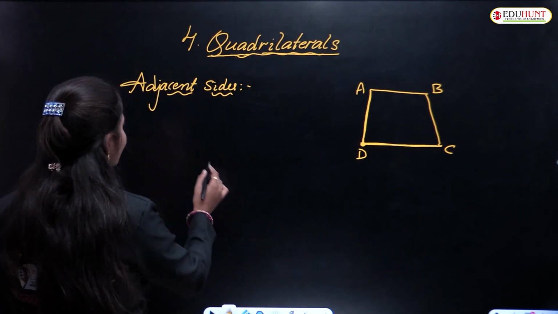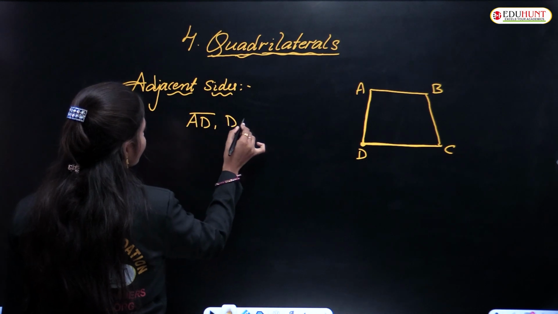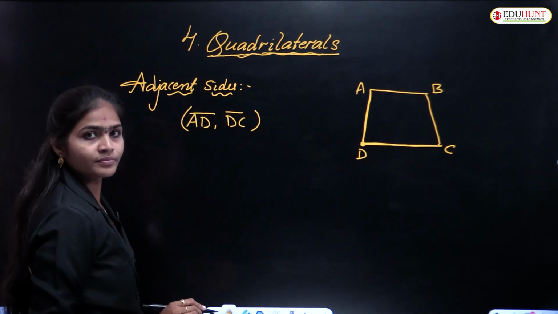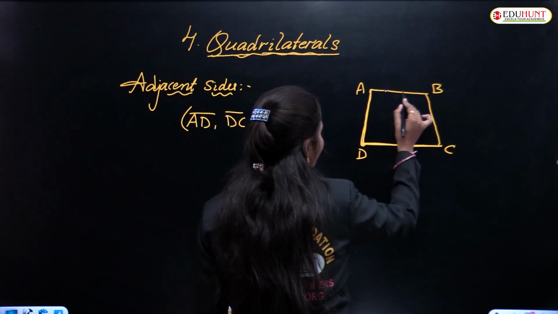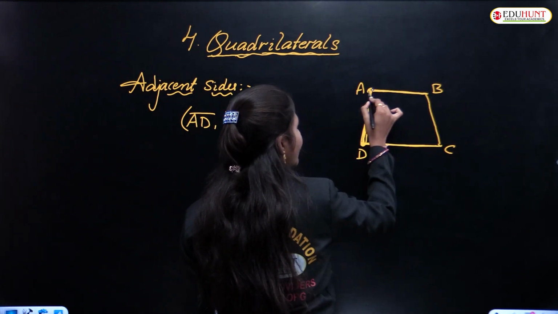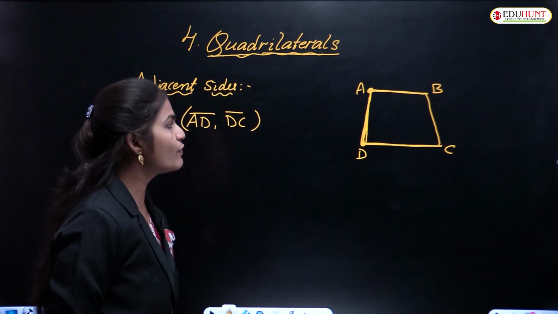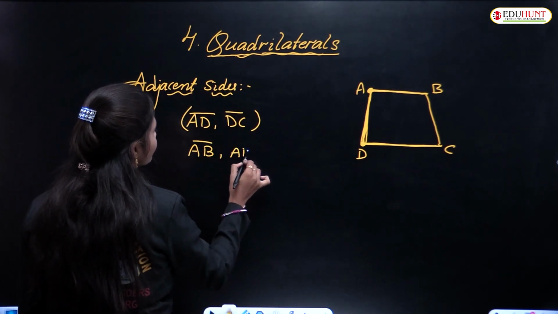So how many pairs are there like that? AD, DC is one pair. Okay children, next we can observe AD and AB. AB and AD meet at the common point A, yes or no? So another pair is AB, AD.